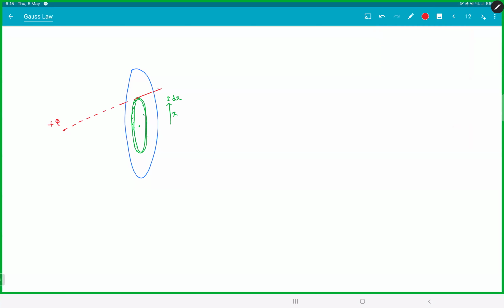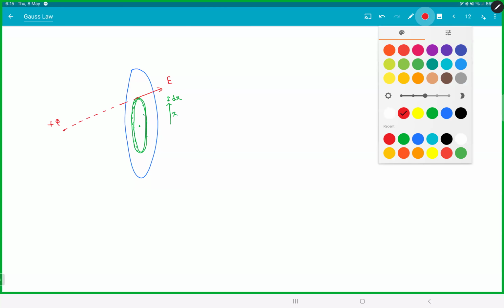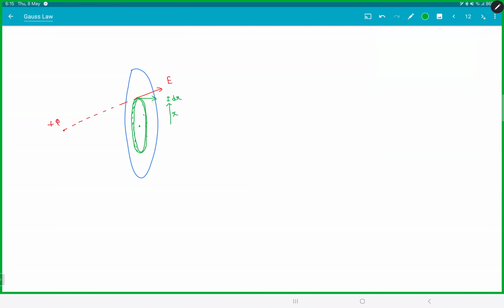The field is along the line from the charge, so this is the field vector. And how is the area vector? The area vector is this way, dA bar. There. Now try. I gave you how the element looks. There is an angle between each ring and each field, so theta also changes. So let's call this angle alpha.